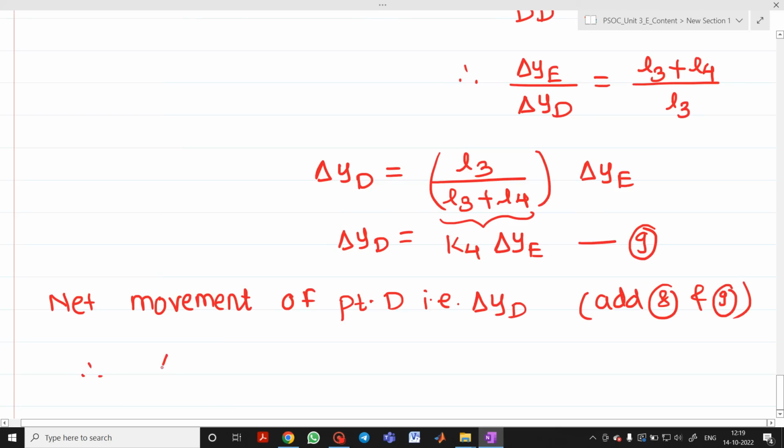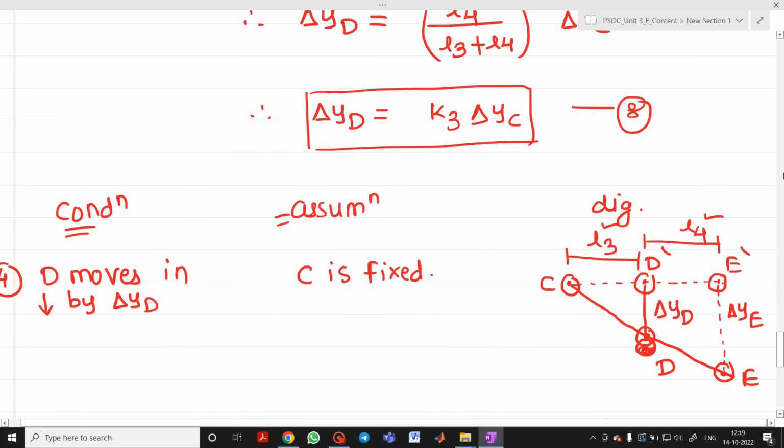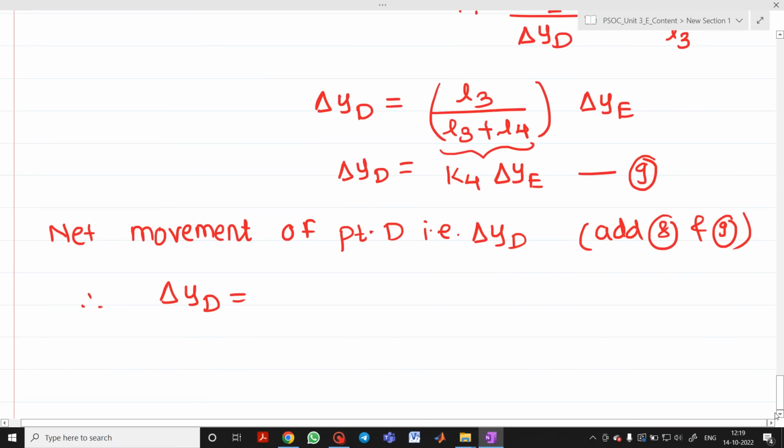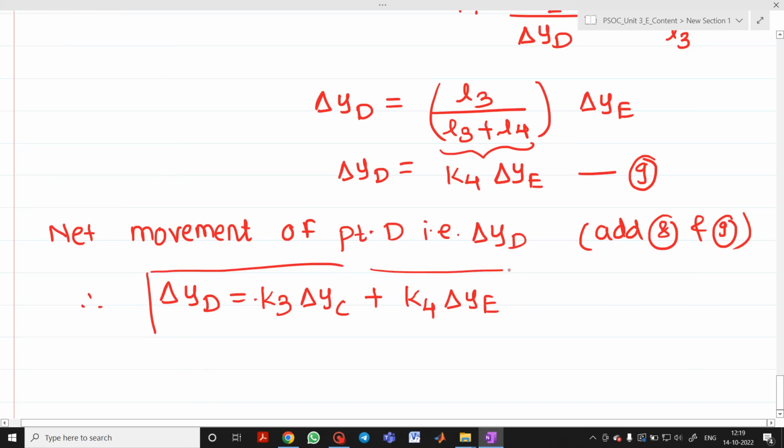So delta YD will be equal to, what is your equation number 8? Let me check here: K3 into delta YC, plus equation number 9, which is K4 into delta YE. So this will be your net movement of point D. Let me give equation number 10.